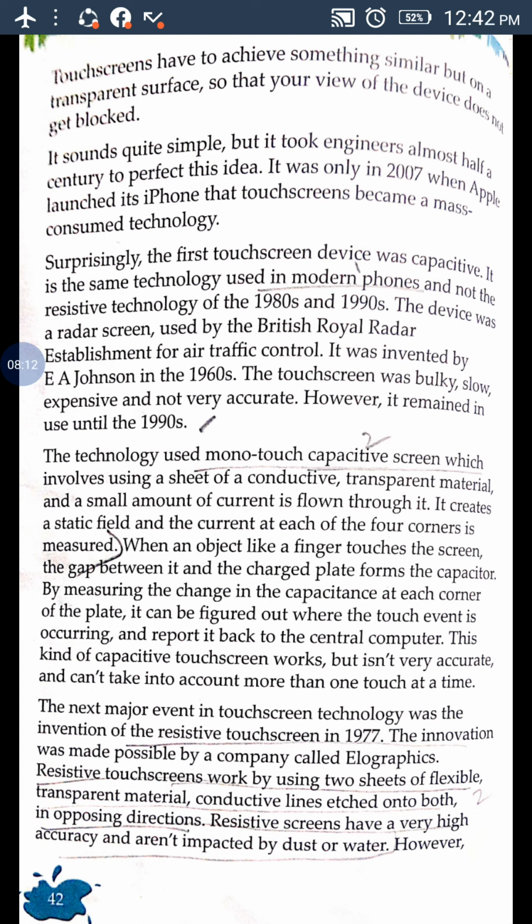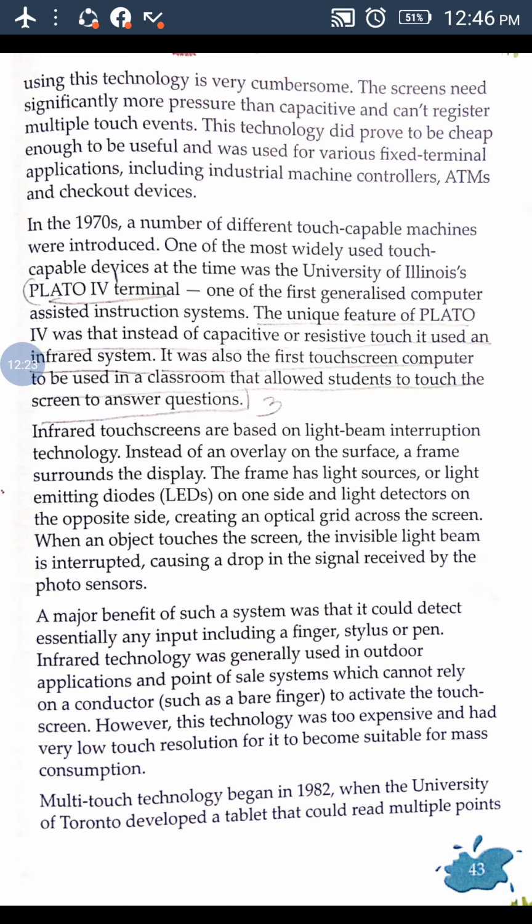A major benefit of such a system was that it could detect essentially any input, including a finger, a stylus, or a pen. Infrared technology was generally used in outdoor applications and point of sale systems. Nowadays in shopping malls you will find systems using touchscreens.